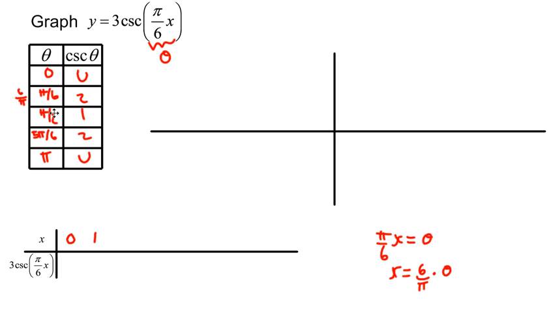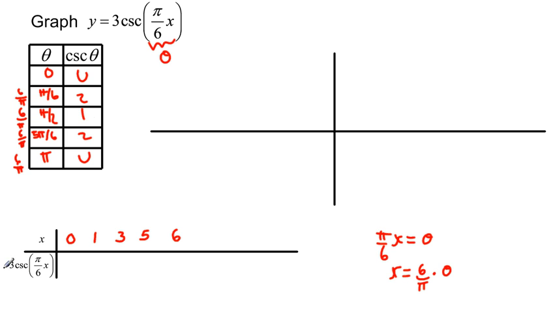Pi over 2 times 6 over pi: the pi's cancel, and 6 divided by 2 is 3. Next, multiply 5 pi over 6 by 6 over pi, and the pi's and 6's cancel, so we have just 5. Last but not least, multiply pi by 6 over pi, and the pi's cancel again, so we get 6.